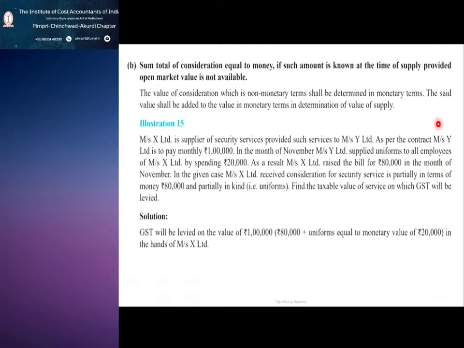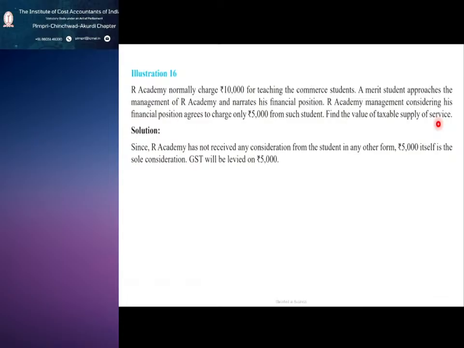See the previous two examples. There we said 80,000 is as agreed in the invoice you are raising, and partially in kind, meaning the uniform. But in this particular illustration, when you are finding the transaction value of supply for GST, it should not be on 10,000, it should be on 5,000 only.